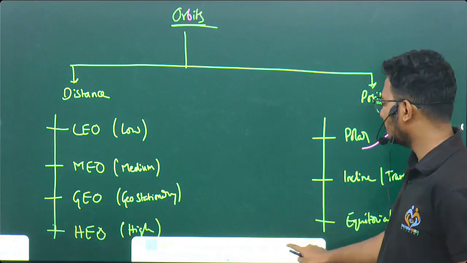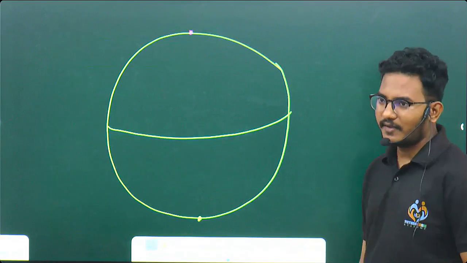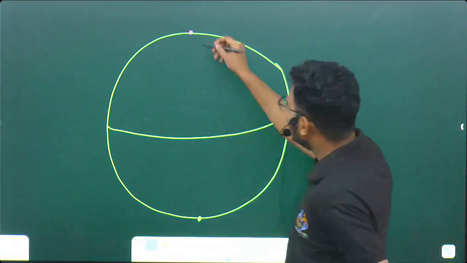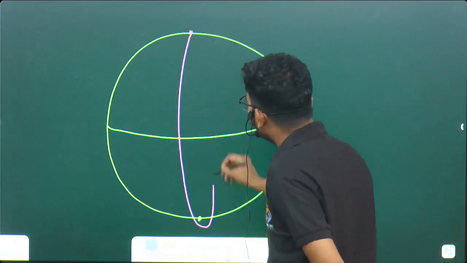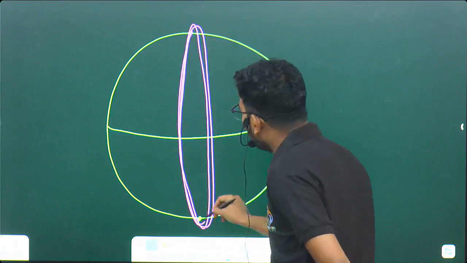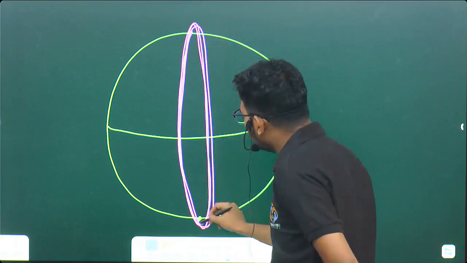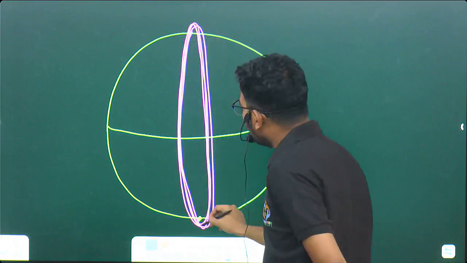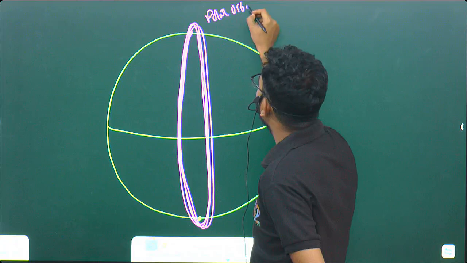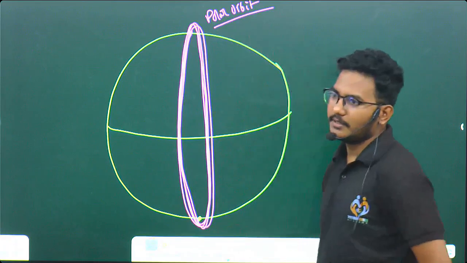Your concept is quite simple. If I place a satellite rotating in an orbit which is covering the polar region, then that orbit is called a polar orbit.